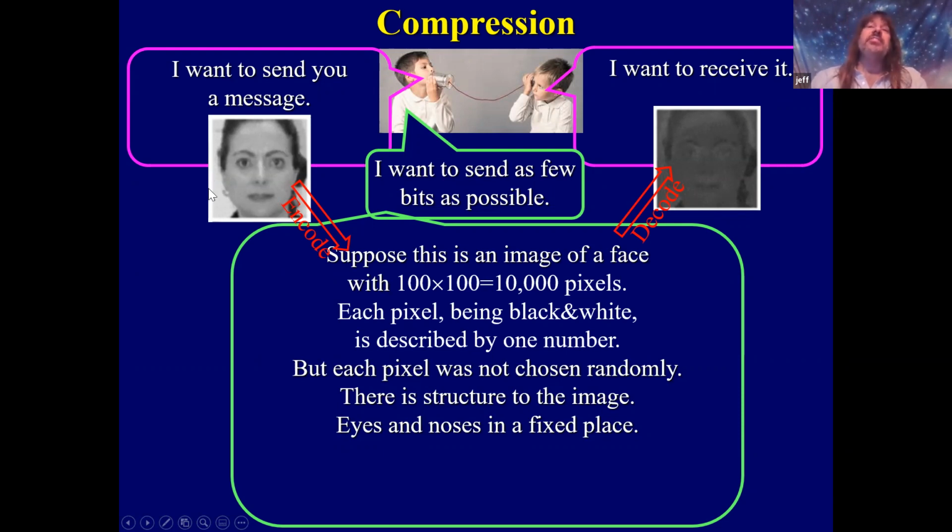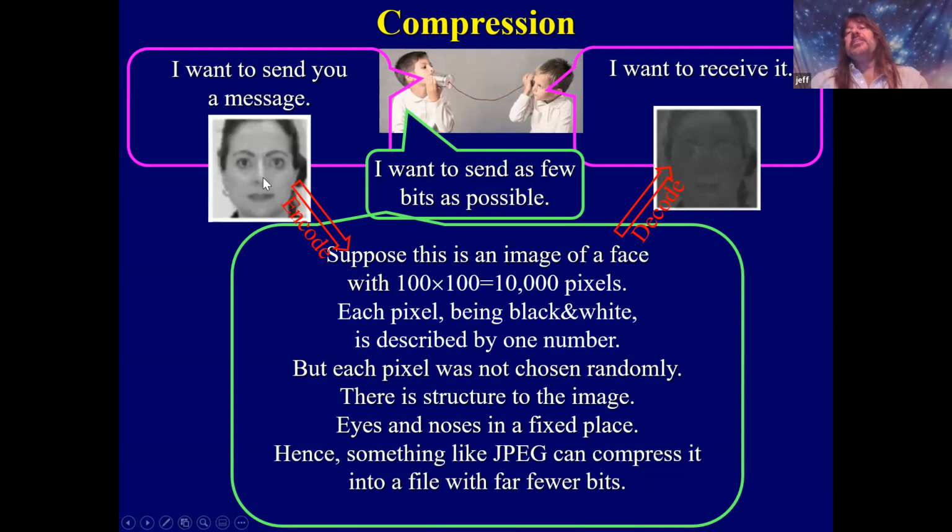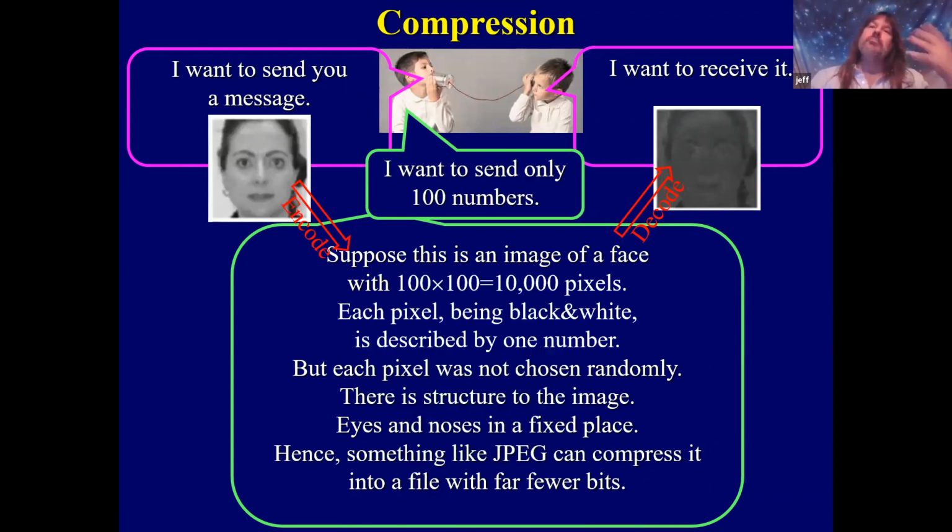In fact, this kind of image recognition was done back in the 80s or something, when they made everybody look straight ahead, so the nose was always in the middle. So there's a pattern to it, and we can use that pattern to compress the image down into only 100 numbers. So this was reconstructed from 100 numbers.